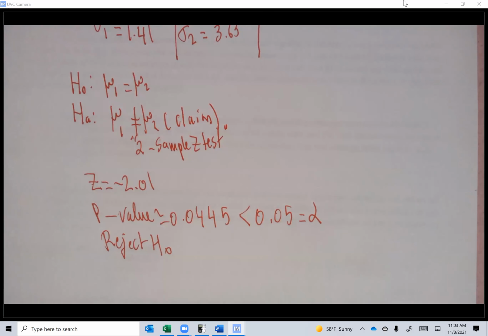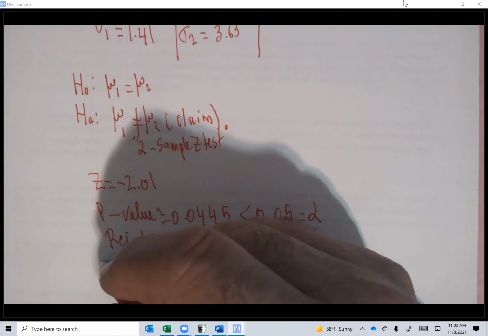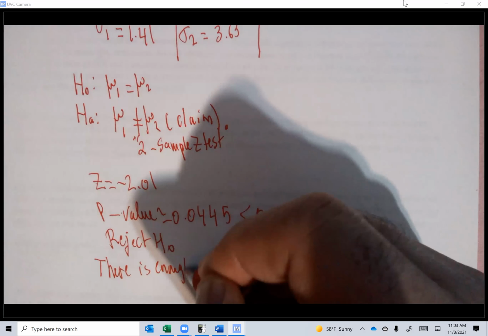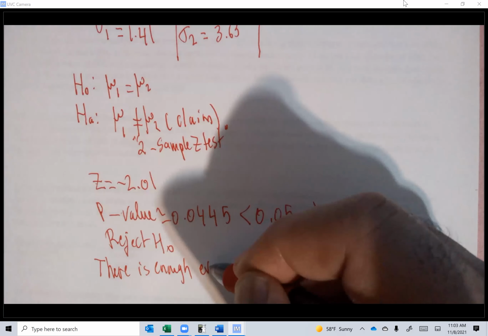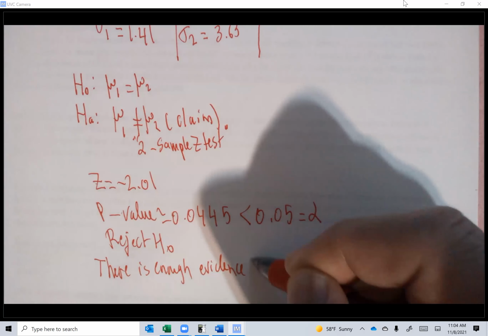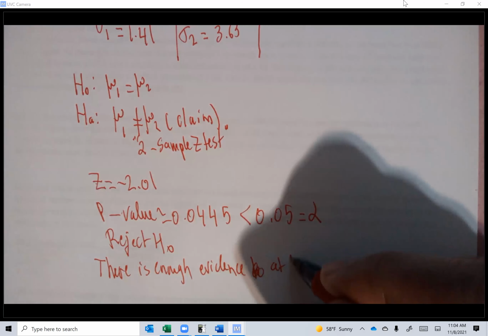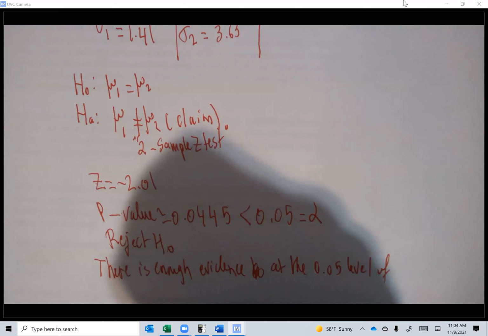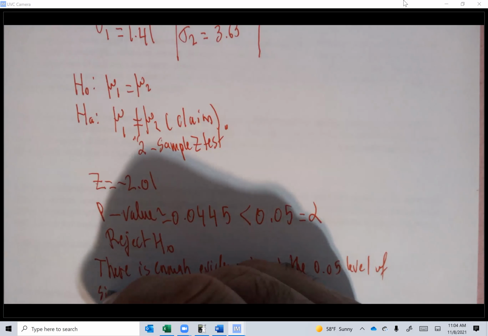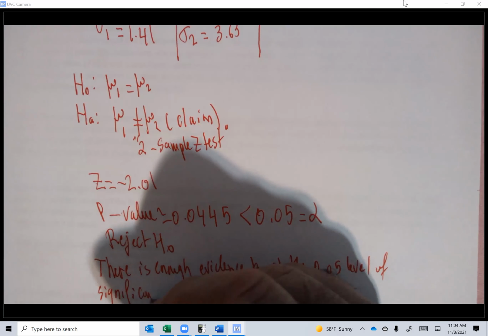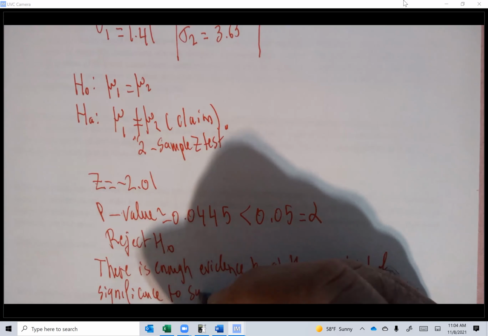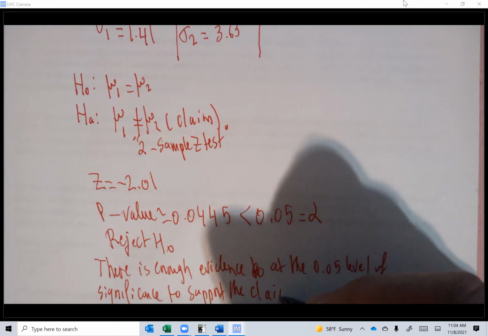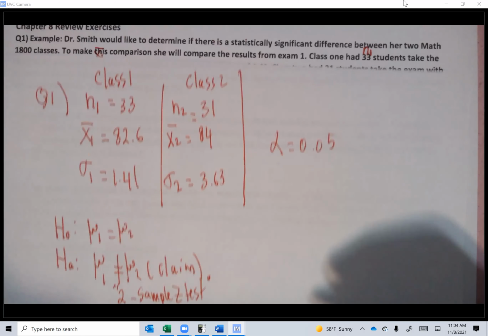That's it. There is enough evidence to support at the 0.05 level of significance. I'm going to write the statement to support the claim. Okay, let me see what the claim is.